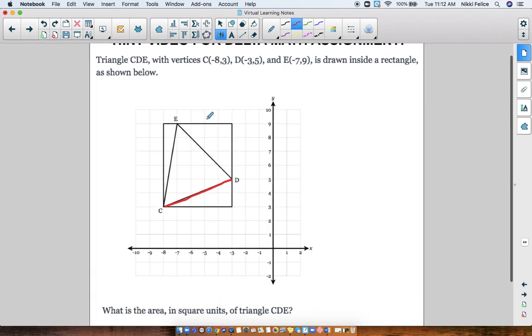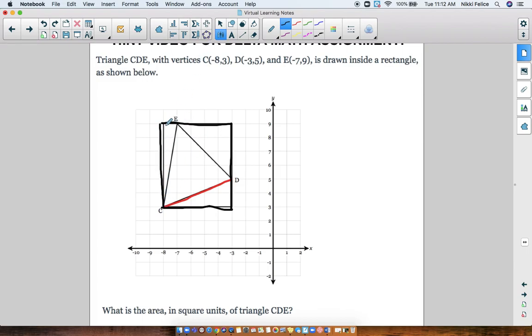We are going to have to try to find the area of everything else that we can. For example, this rectangle. I can find the area of this rectangle because the area of a rectangle is length times width. Let's do that.